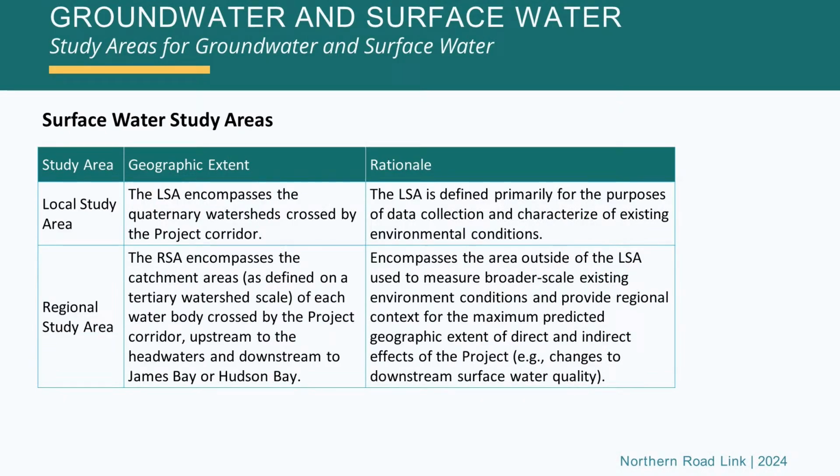Let's take a look now at the surface water study area. So you have the local study area, and then you have the regional study area. And the surface water study areas are based on what you call watersheds. So watersheds basically, I'm sure people have heard this term before, but what they are is drainage areas or catchment areas.